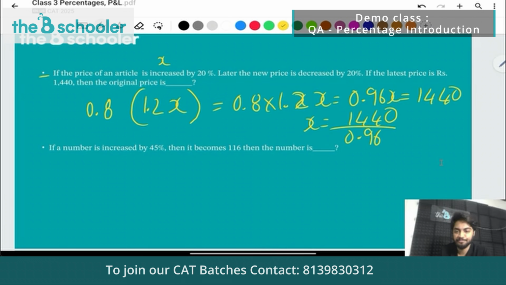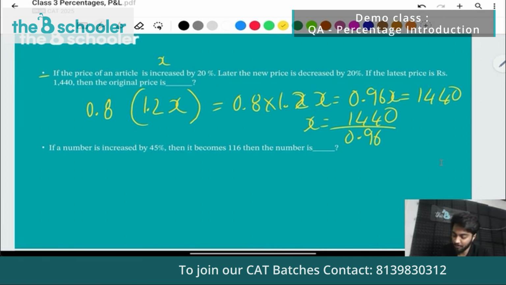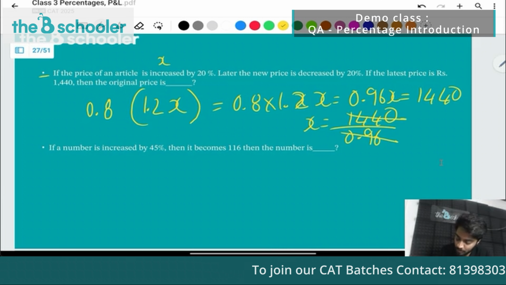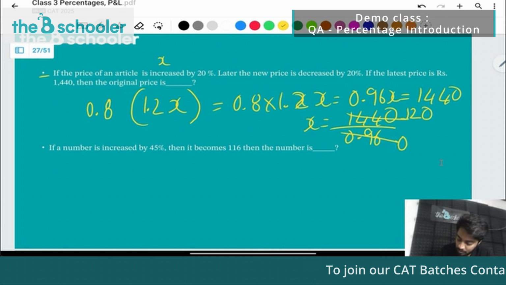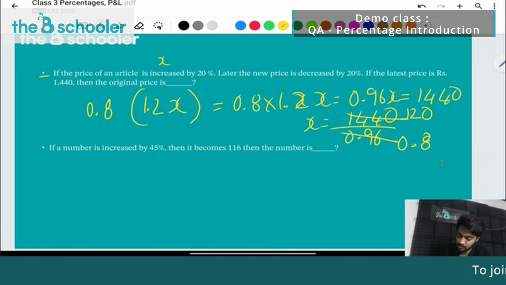Is that clear? One point, what you can do is cancel 12 out of this. You will get 120 divided by 0.8, no, sorry, 0.08.